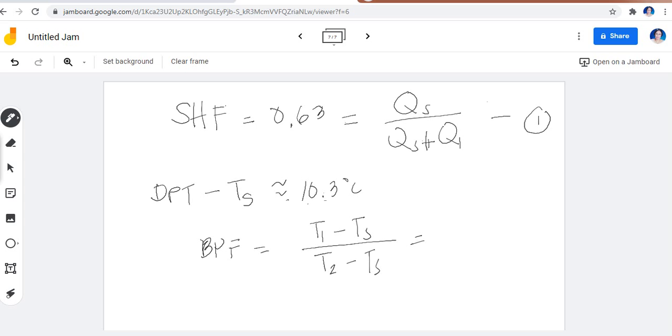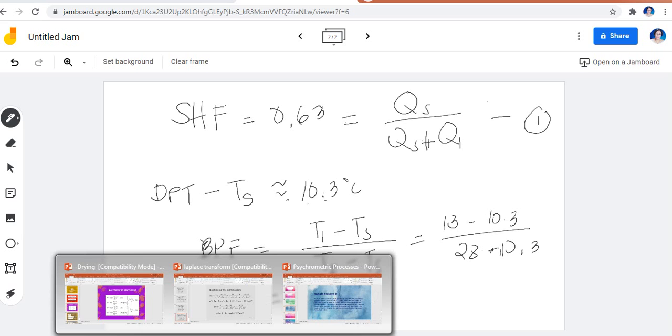In this case, you have 13 minus 10.3 over 28 minus 10.3, giving you a bypass factor of 0.153. That's your bypass factor. We have answered that already.